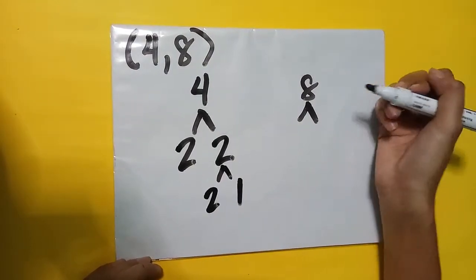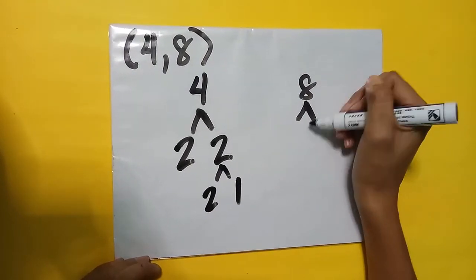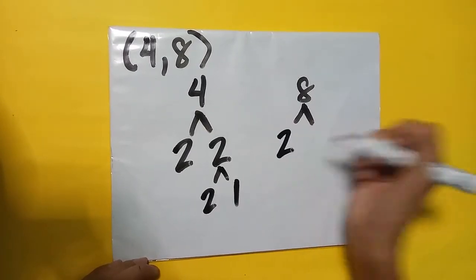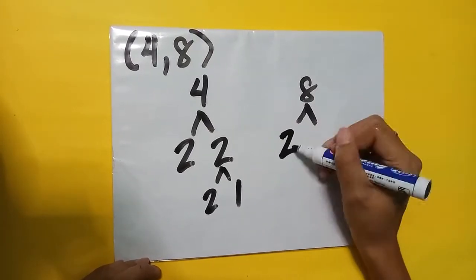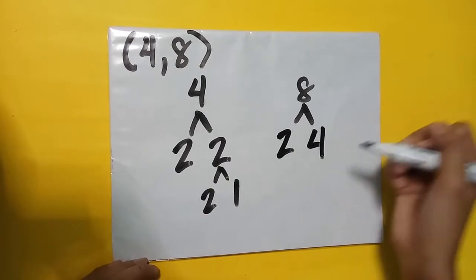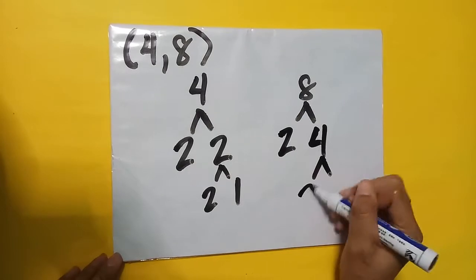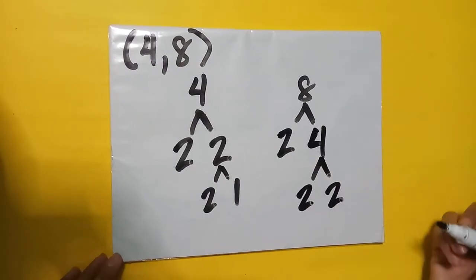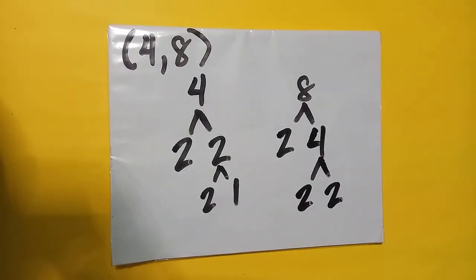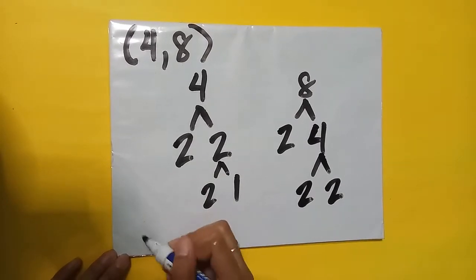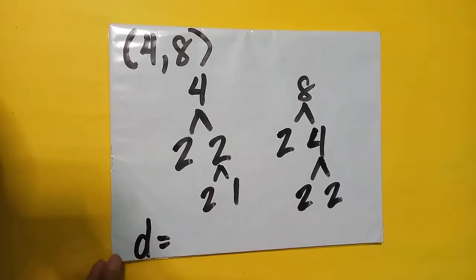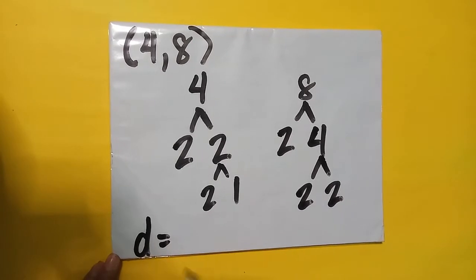While in 8, we can divide 8 by 2, which is the least prime number. So 8 divided by 2 is 4. And 4 can also be divided by 2. So 4 divided by 2 is 2 and 2. Now, let's find the GCD.